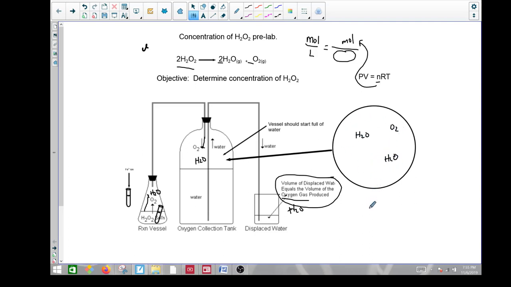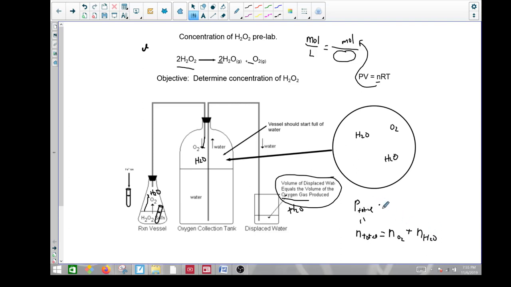So because of that, whatever my total pressure is, is going to be proportional to my total moles, N total. So N total is equal to N of the O2 plus N of the H2O.